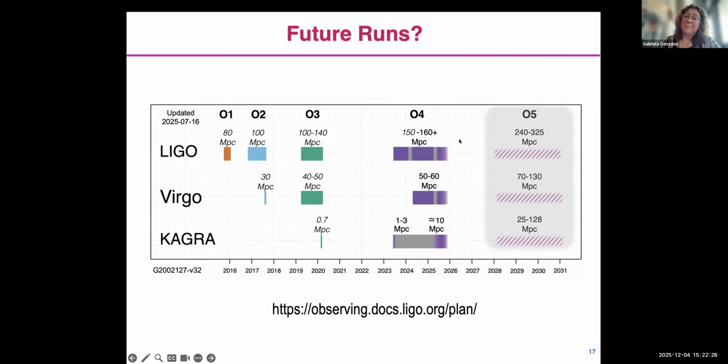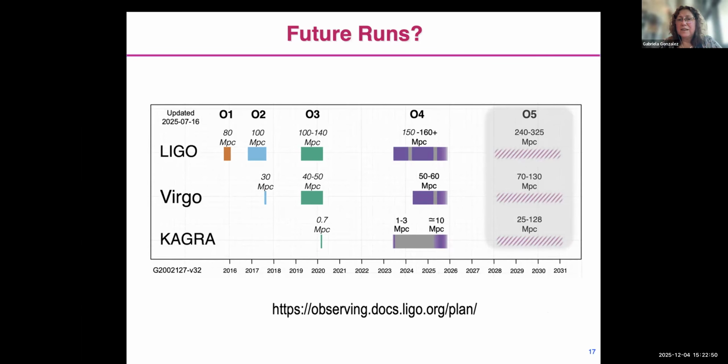And hopefully, depending on funding and the national funding landscape, we hope to be achieving the sensitivity that we can aspire to with the upgrades that we are doing: frequency dependent squeezing, hopefully having masses with less thermal noise, and being able to use even higher power.